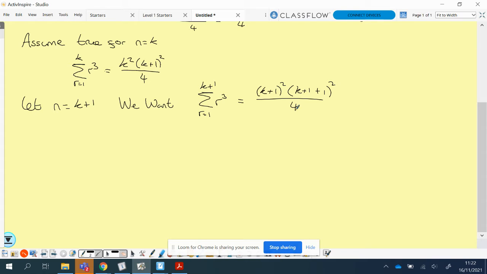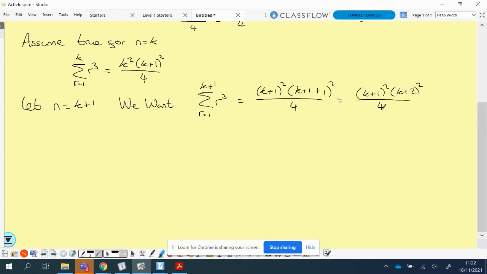And I can just tidy that up, which gives me k plus 1 all squared, k plus 2 squared, all over 4. So if I can prove that that summation on the left-hand side would give me this on the right-hand side, therefore I've proven it's true for k plus 1.